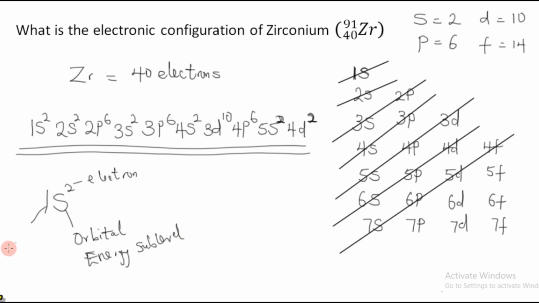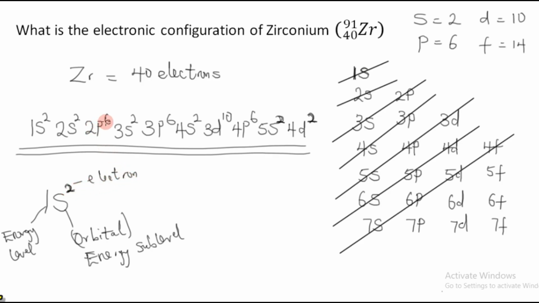And this one here represents the energy level. So these are the 3 things in electronic configuration. We have the number of electrons, the orbital, which is also known as the energy sublevel, and we have the energy level. So 1 is the energy level, s is the energy sublevel, which is also known as the orbital, while this 2 on top is the number of electrons.